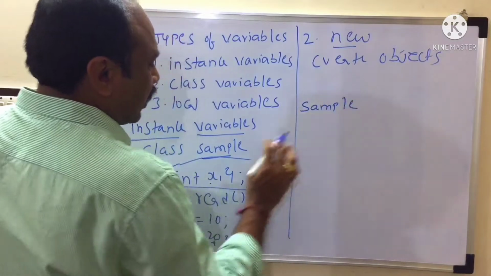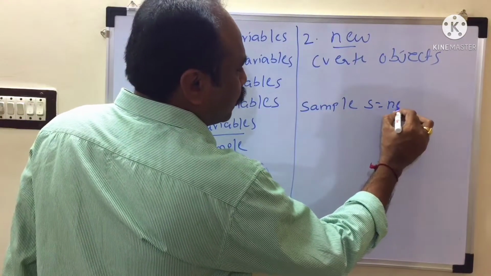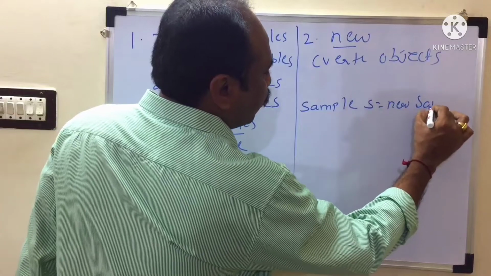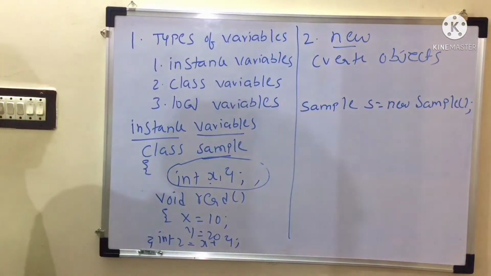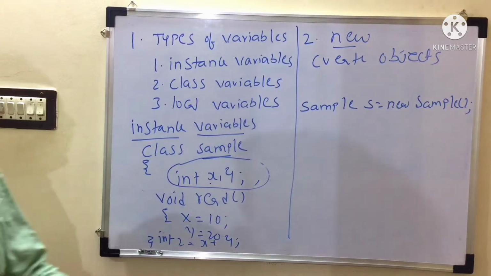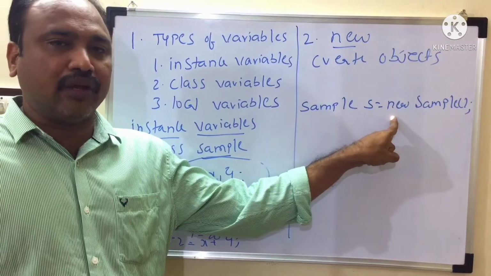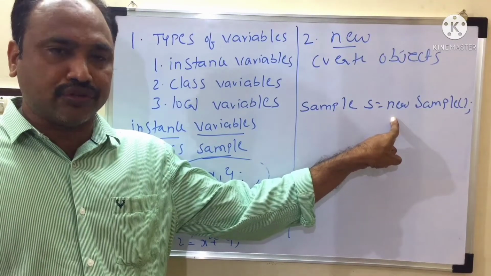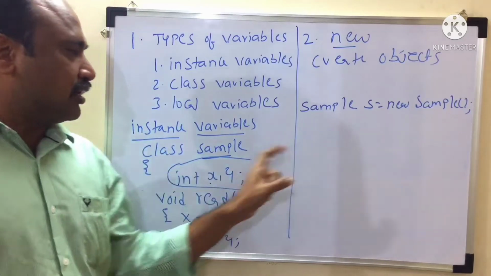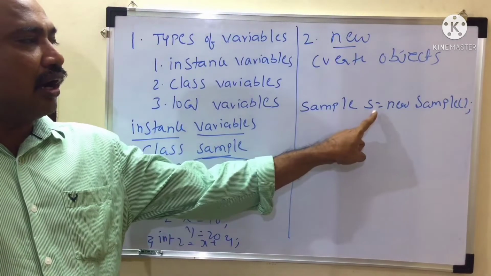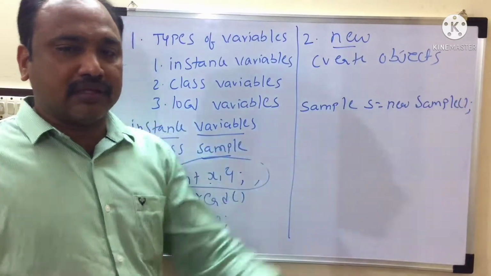Sample. Class name, object name s equal to new class name followed by parenthesis. This is the way of creating an object of a class. New is used to create objects dynamically, to allocate memory at runtime. The procedure is class name, object name equal to new class name followed by parenthesis.